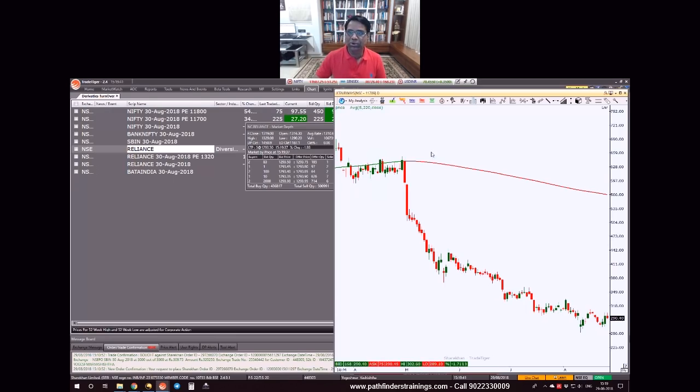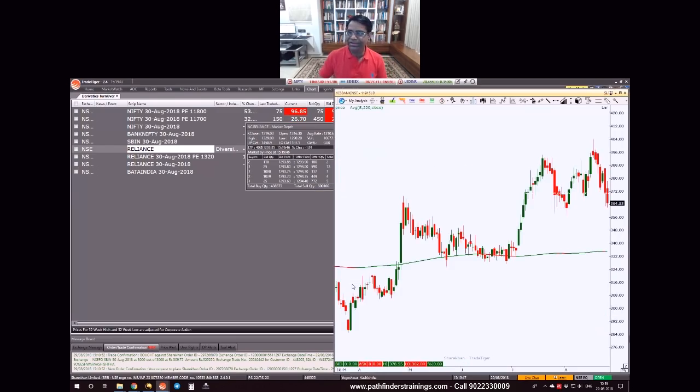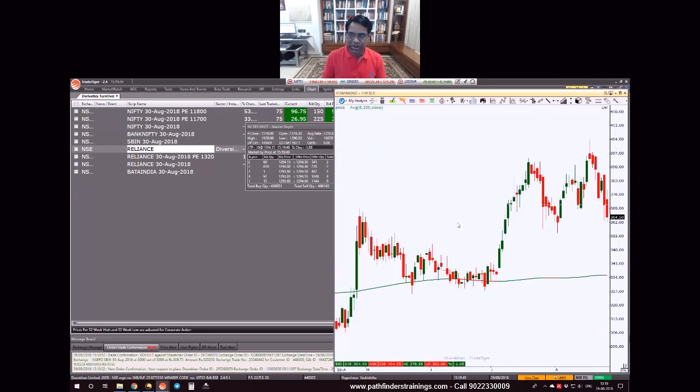Or if I look at a stock like Yes Bank, a banking stock, it is also now coming down, and I would like to find levels where it is a good stock to buy.